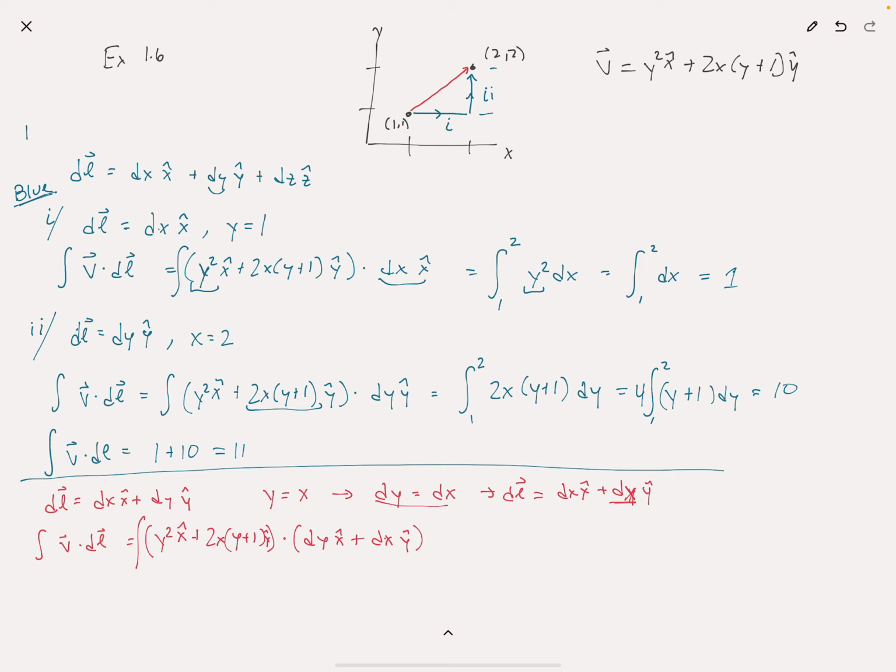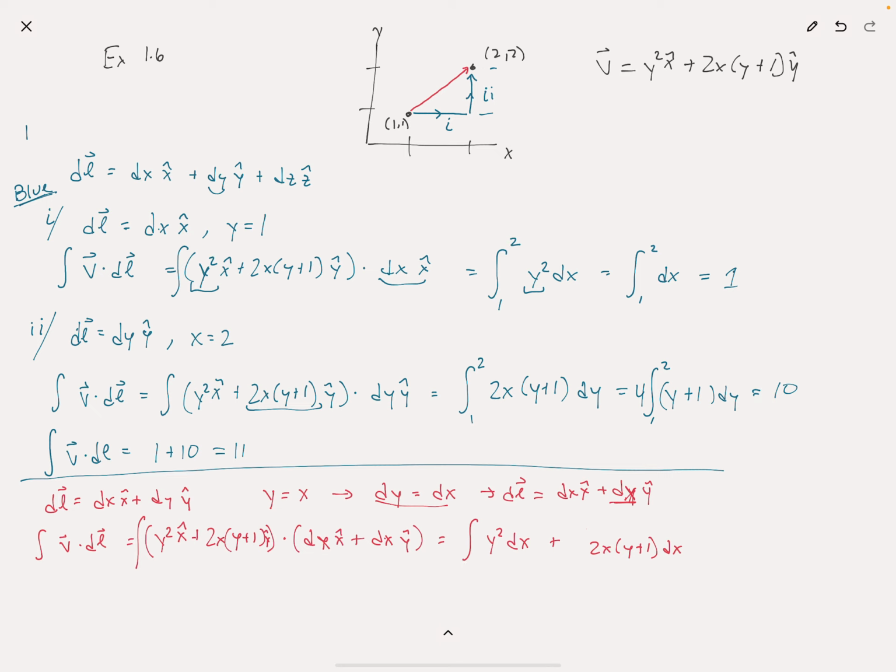Okay, so the x hats become y squared dx plus (2xy plus 1) dx. Those are both the same integral, so technically I don't need to do another integral.